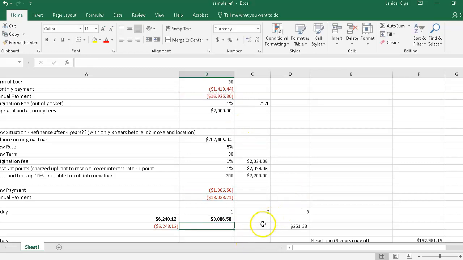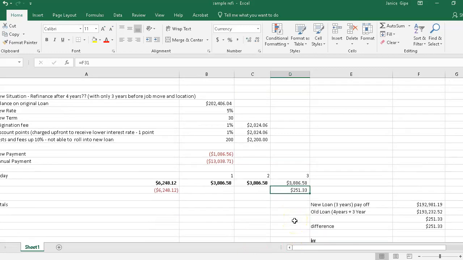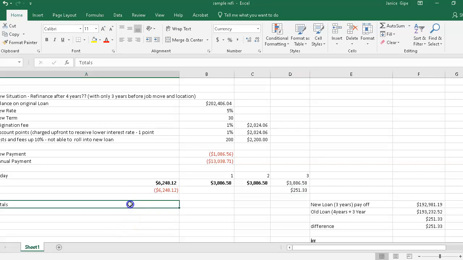So we have a savings of $3,886.56 for all 3 years, on just the annual payment. So now we just have to calculate these totals.